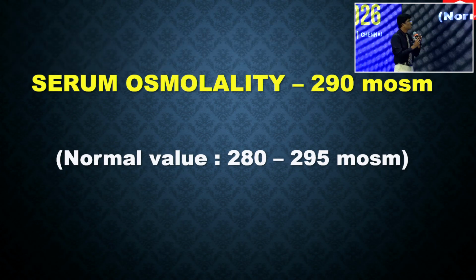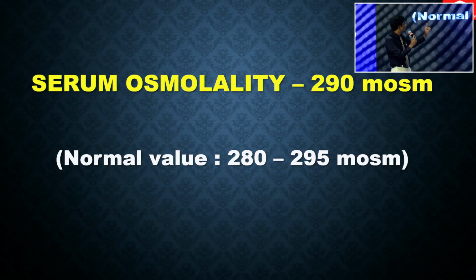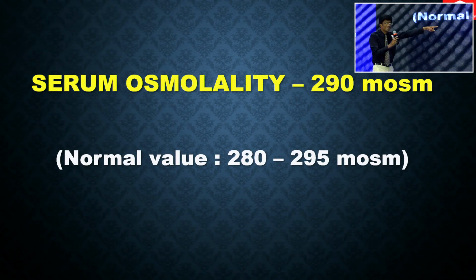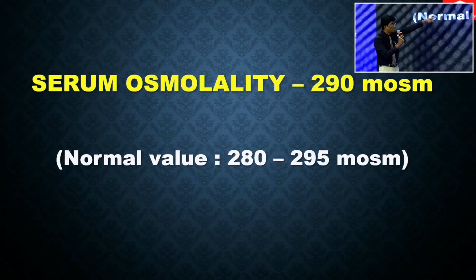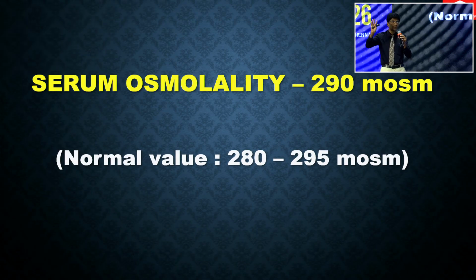As I told you earlier, when you look at hyponatremia, what will you think? Decreased serum osmolality. So in this patient, what about the serum osmolality? We expect less than 280, but this patient has 290. That means normal serum osmolality. When we expect decreased serum osmolality but the patient maintains normal serum osmolality, then probably the patient has pseudohyponatremia.